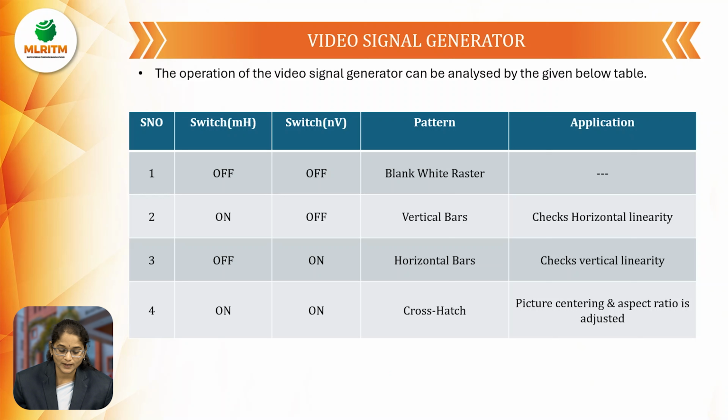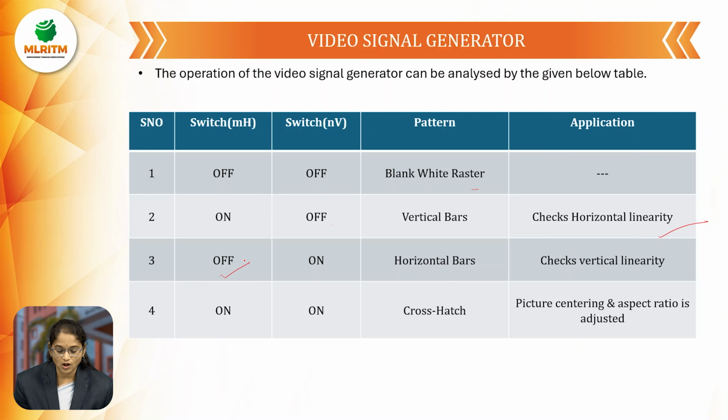Already we discussed that when both horizontal and vertical are in off state, we are going to generate the pattern as black and white. If the vertical is on and horizontal is off, we are going to generate the vertical bars, which check the horizontal linearity.